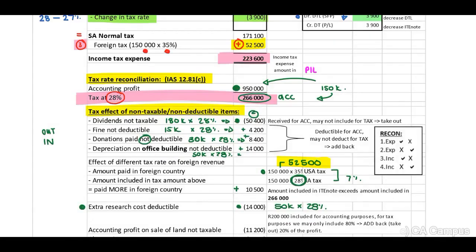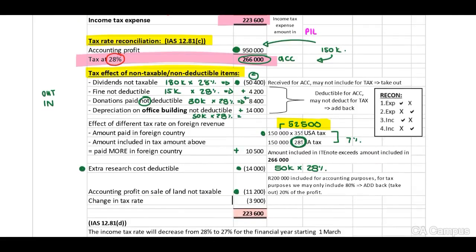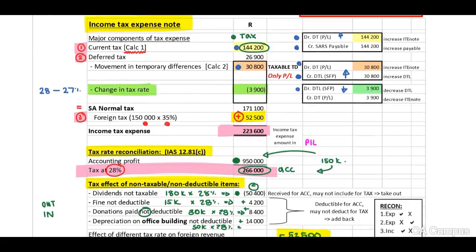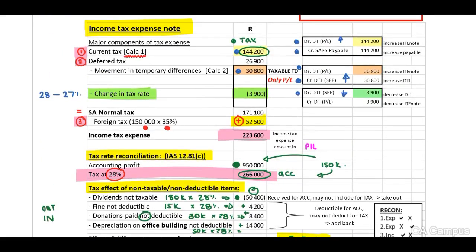We have our 40,000 times 28%. And then the last one, if you look at this, current tax, we have worked through, happy. Movement in temporary differences. Remember that this is a future. This movement, guys, look at this. This movement, the 28, well now it's the 27%, is included in our note.